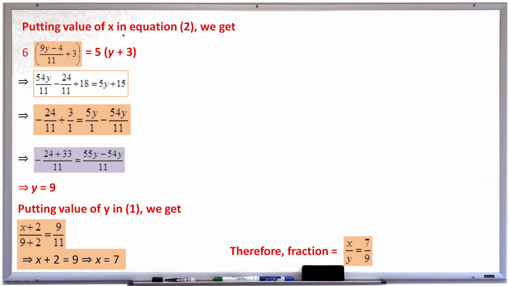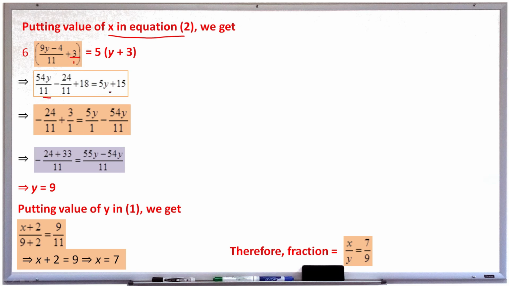Putting the x value in equation number 2, the x value we got, 9y minus 4 by 11, plus 3 in equation number 2. So 6 into this value you put here. Now after simplifying, you can take the LCM. 11 is the LCM.